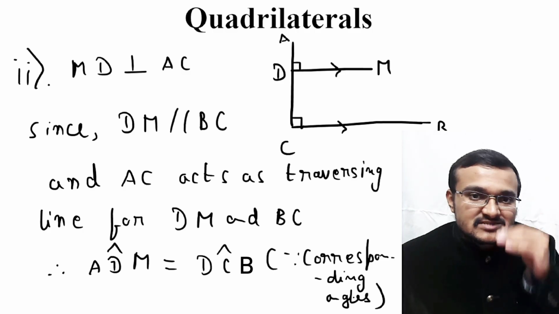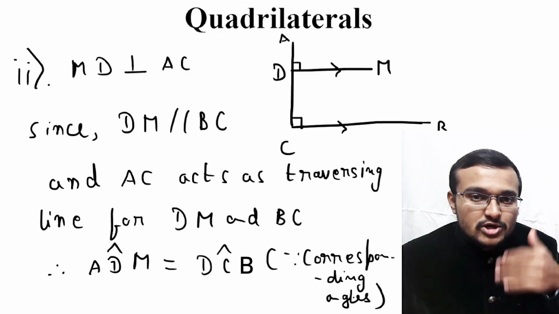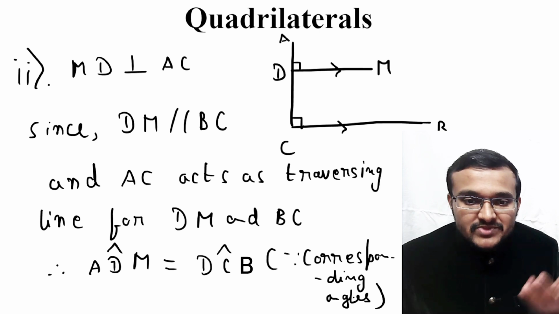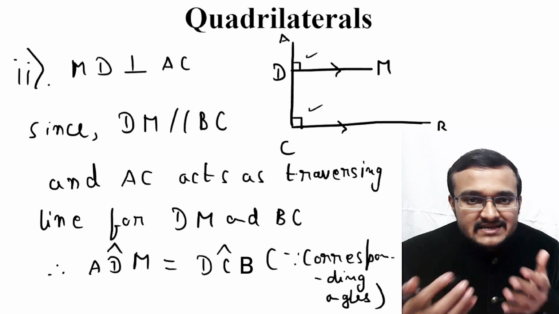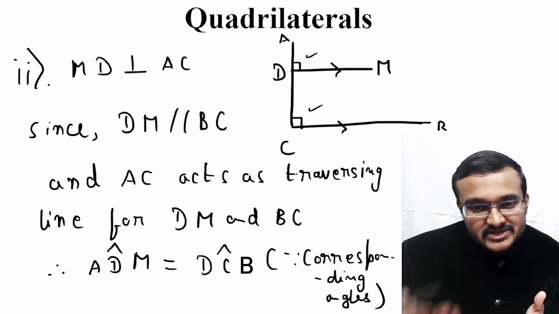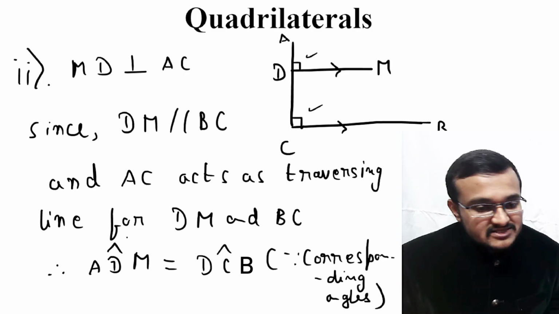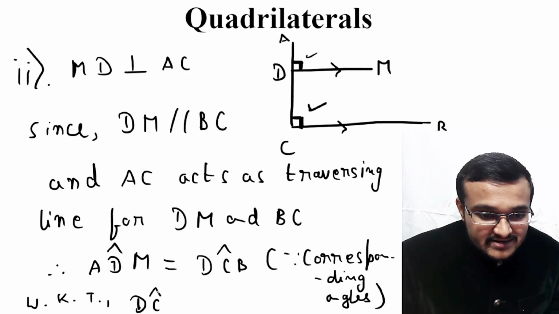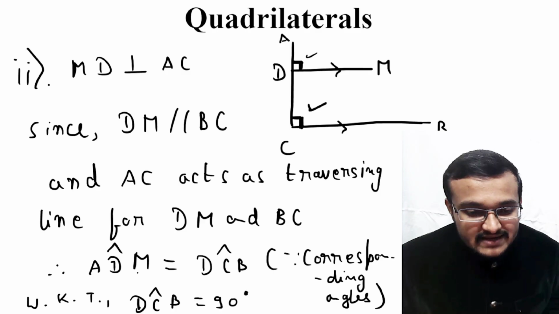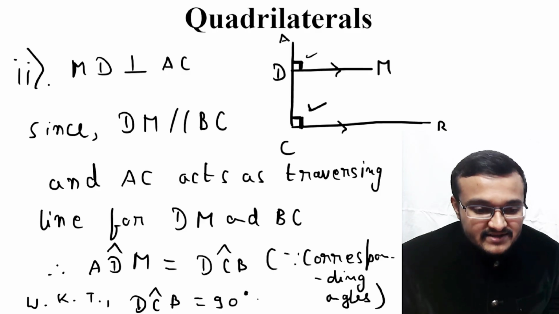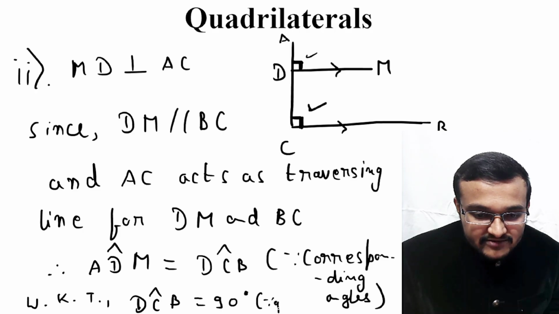In parallel lines, corresponding angles are equal to each other, and alternate angles are also equal to each other. Here these two angles are corresponding angles, equal because DM is parallel to BC and AC acts as the transversal. We know that angle DCB is equal to 90 degrees because this is a right angled triangle, with 90 degrees at C. This is already given in the question.